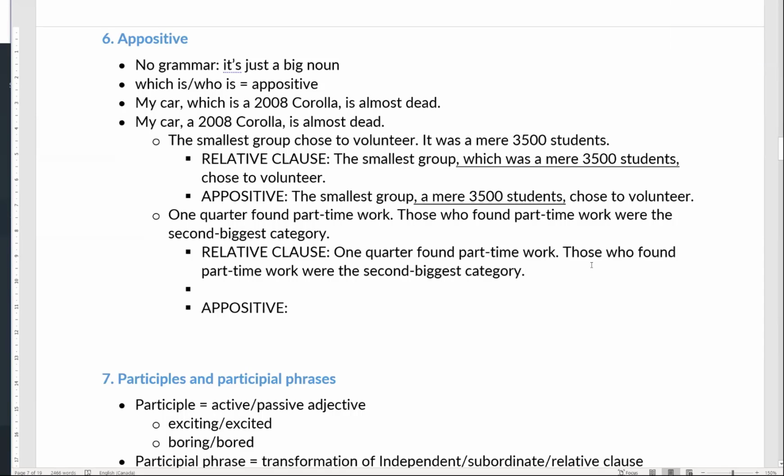Those who found part-time work were in the biggest category? Not exactly. So 1/4 found part-time work. Those who found part-time work is the same as 1/4, right? There's no need. I'm thinking this is too long a sentence. 1/4 found part-time work.